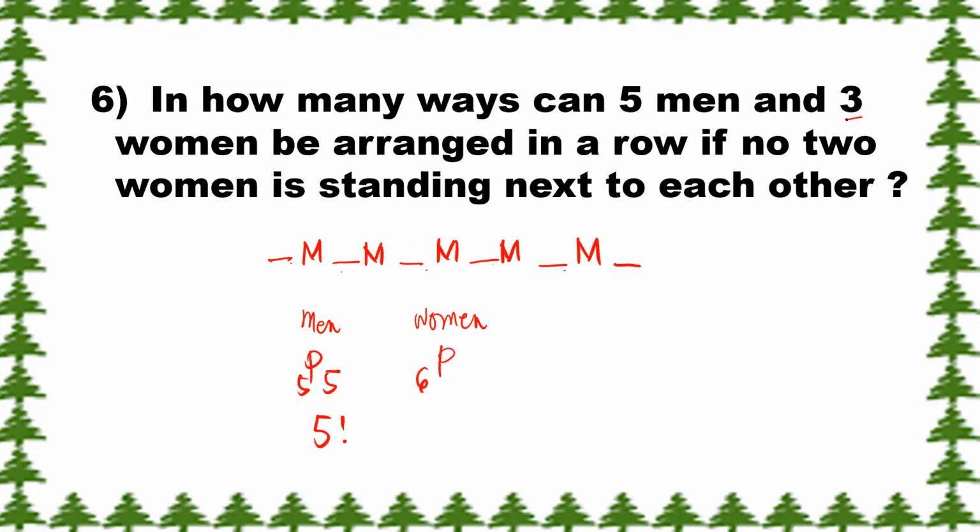At ilan yung babae natin? Taken 3 at a time. So what is permutation of 6 taken 3 at a time? 120. That's 120 times 120.